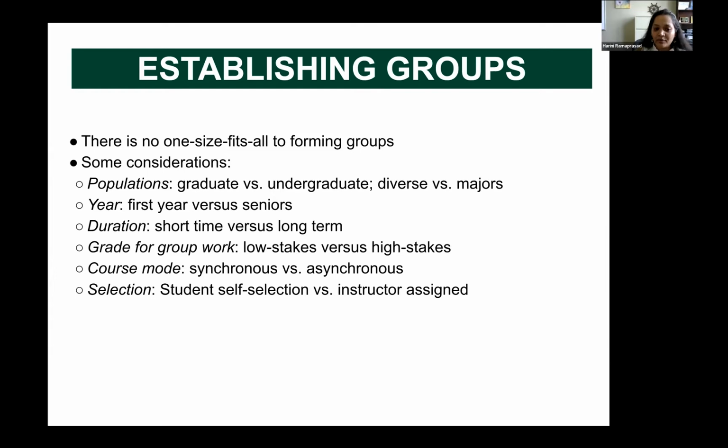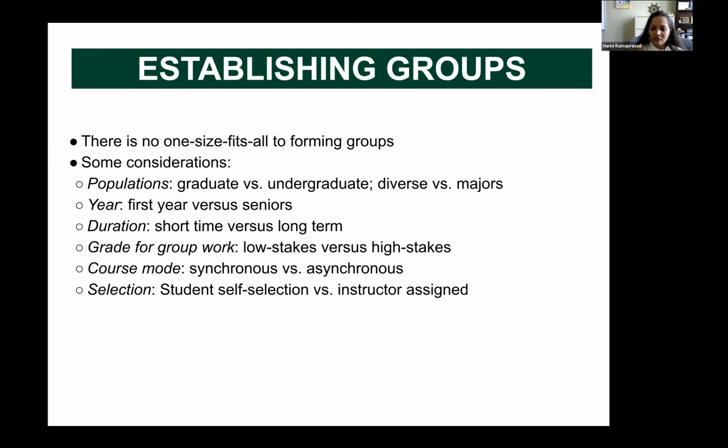And when assigning groups, it's also important to think about what kind of grade component is associated with the group work. Are the groups primarily for low-stakes activities, or are they for high-stakes projects? Another aspect is whether the course itself is synchronous or asynchronous, because that will determine how and when groups are expected to collaborate.